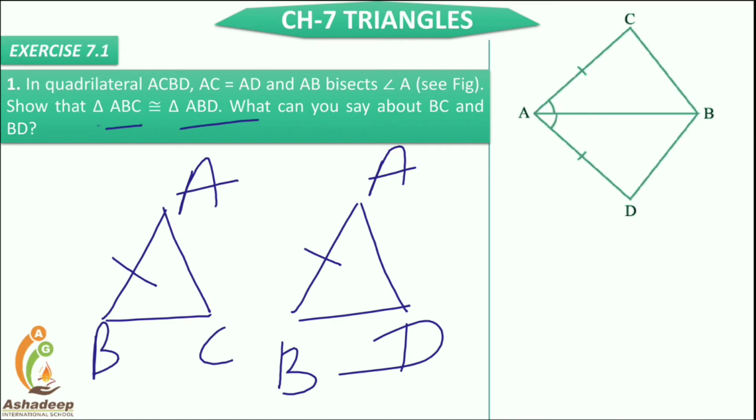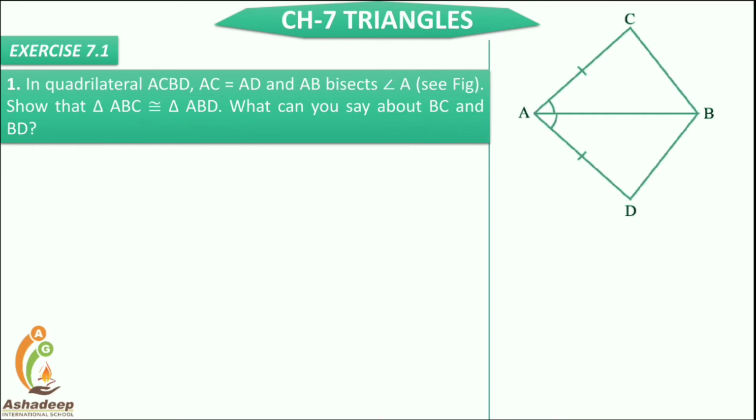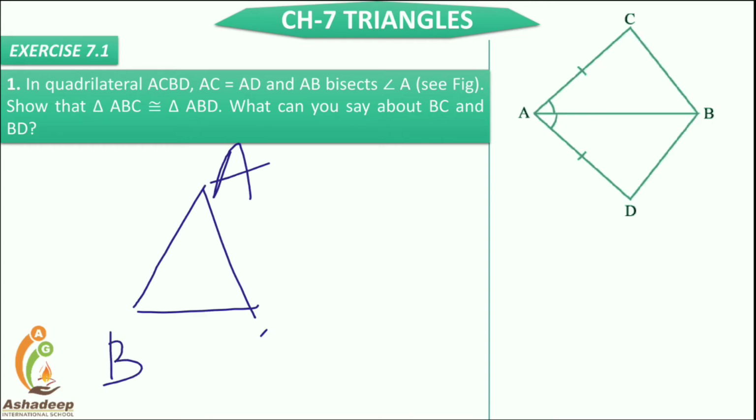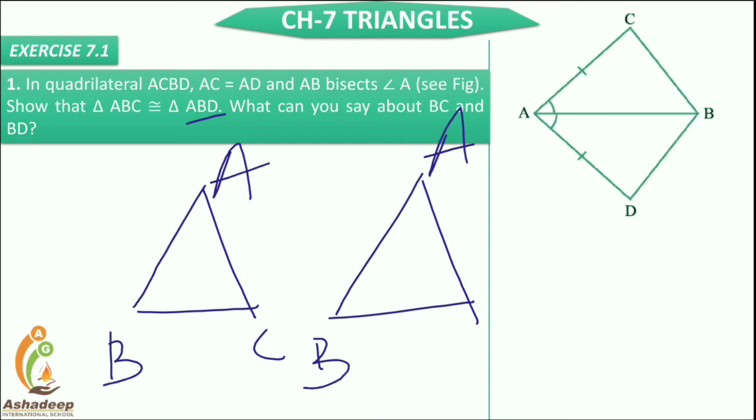Okay, ABC and ABD. Here AC and AD are given equal. Sorry. Once again, let me draw. Here is A, B, C, and another triangle, ABD. Okay, now let's move. AC is equal to AD.